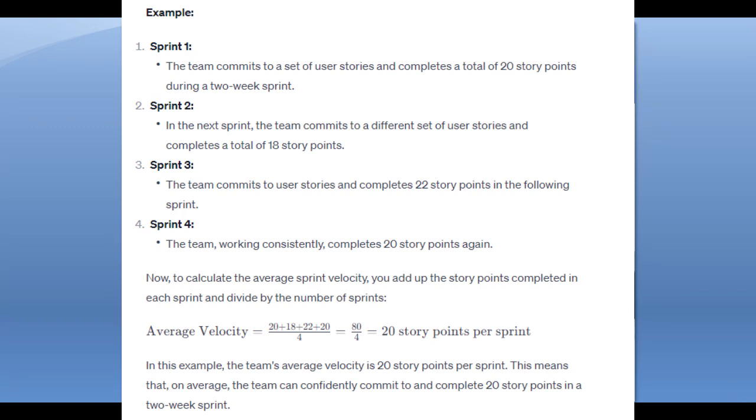A burn down chart shows the progress of the team in completing the work. It tells you the remaining work during the execution of a sprint. So data analysis provides empirical evidence of the team's productivity, aiding in objective assessment and informed decision making for improvement.